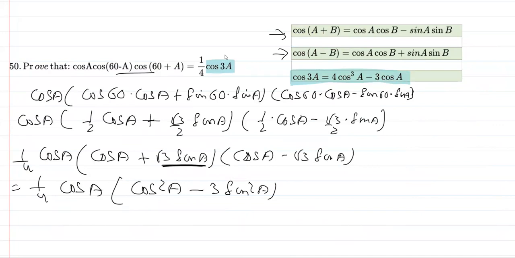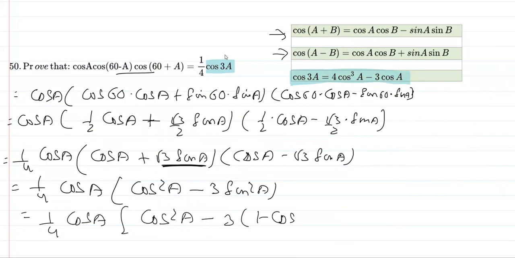Right, so this is our LHS only. 1/4 cos A. Let this cos square A be as it is, and I can write 3, replacing this sin square A as 1 minus cos square A.